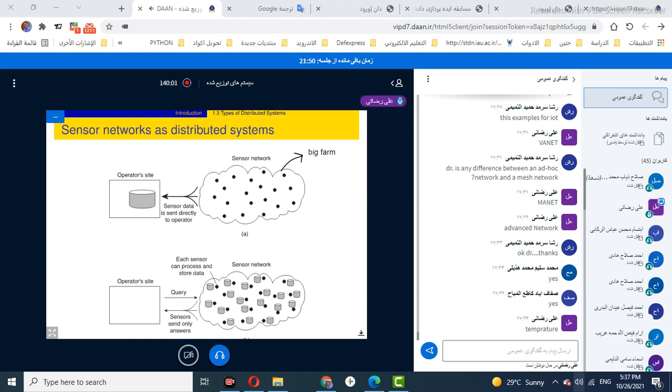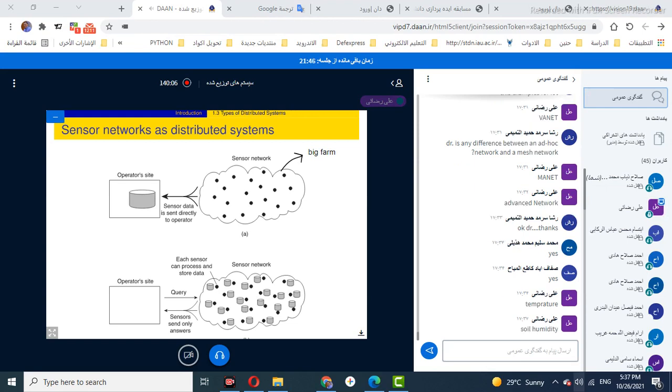You know what it is for? For example, to start the irrigation system at specific parts. This part needs more water, and then you should turn on the automatic irrigation system just for this part, or this part, or this part.